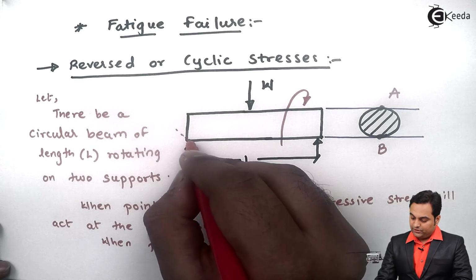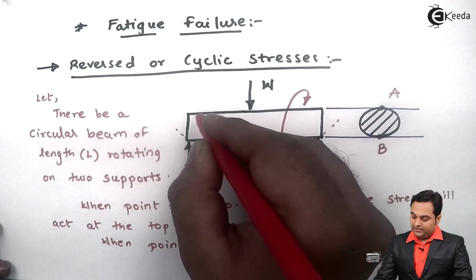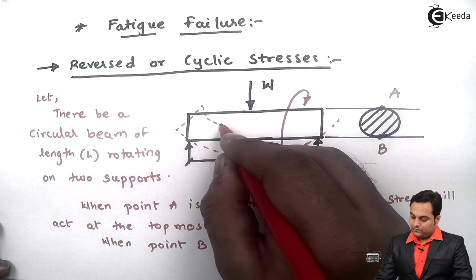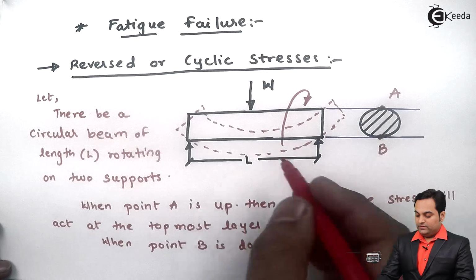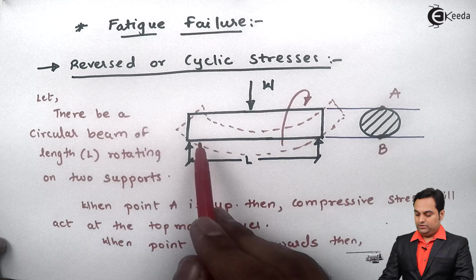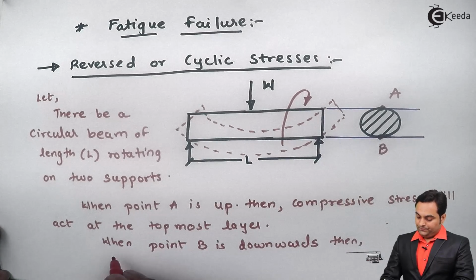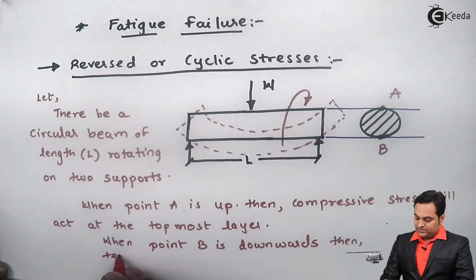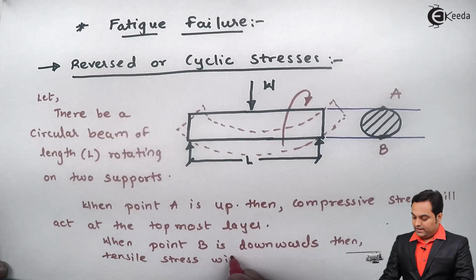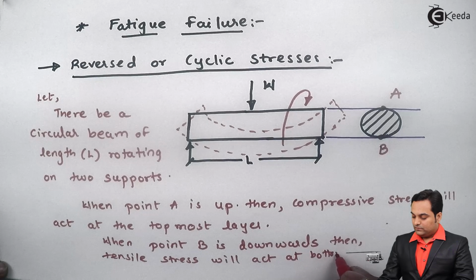Here I have a simply supported beam, and it will bend in this way. Here I am drawing the diagram and indicating it will be bending in such a way. So the top layer is subjected to compression and the bottom layer, at point B, since it is downwards, has tensile stress acting at the bottom layer.